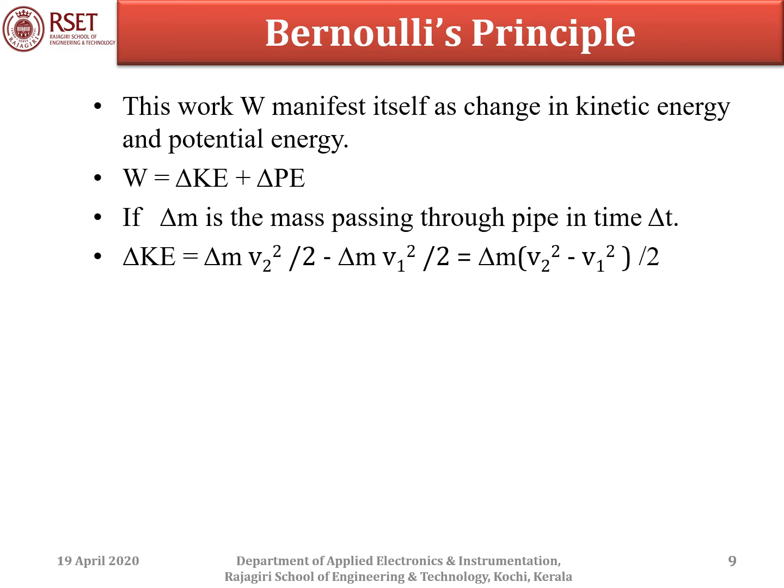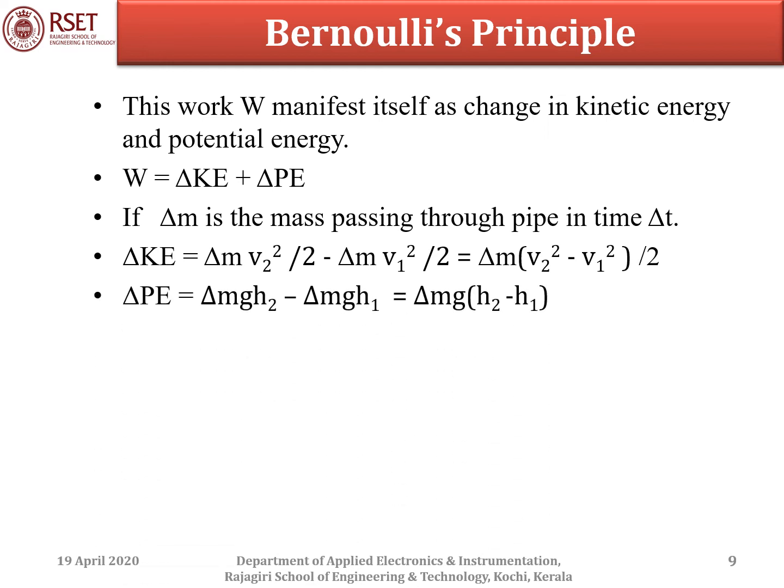We have assumed that h2 is the height at which the fluid leaves. So the potential energy at that point will be delta m g h2, and if we subtract the potential energy when the fluid enters, we will get the change in potential energy.